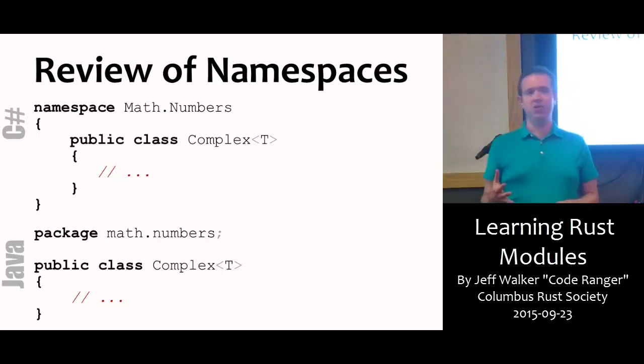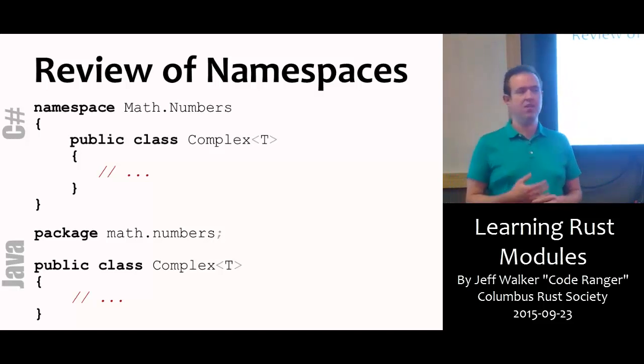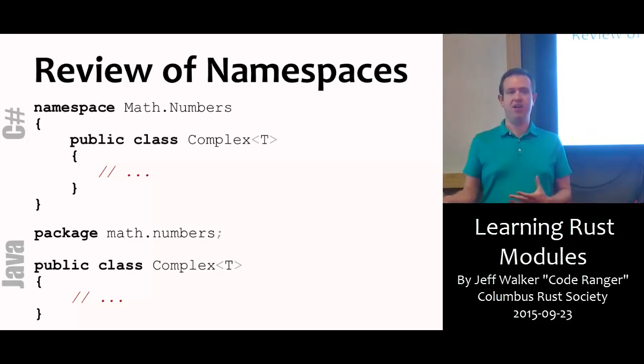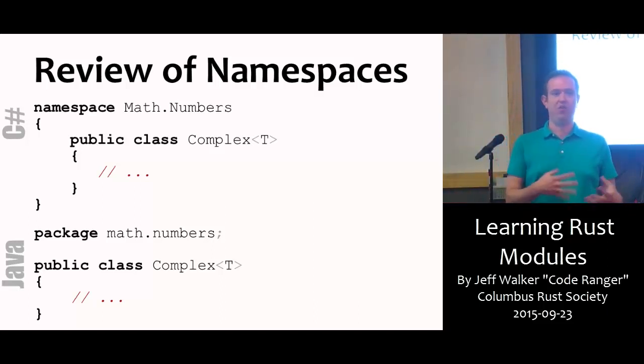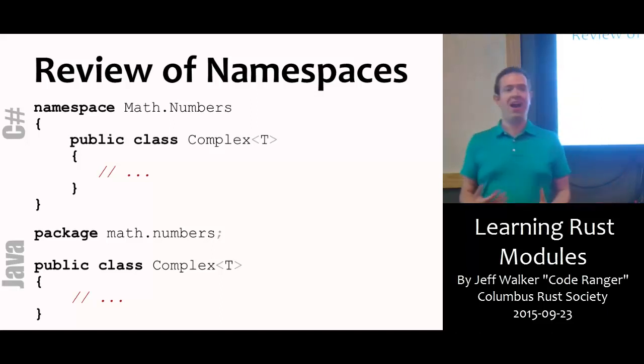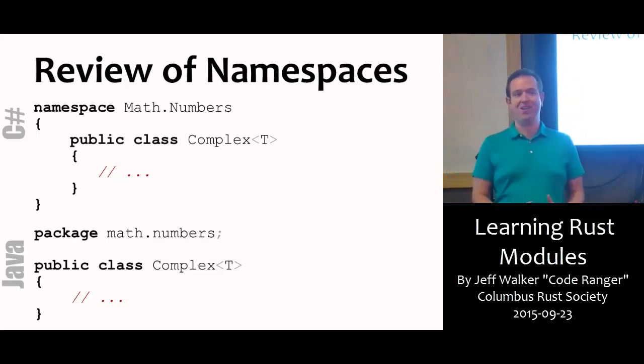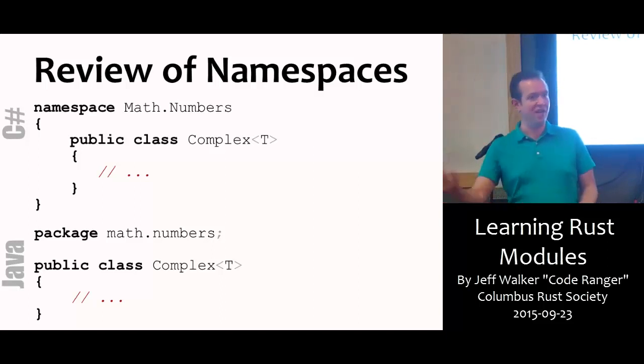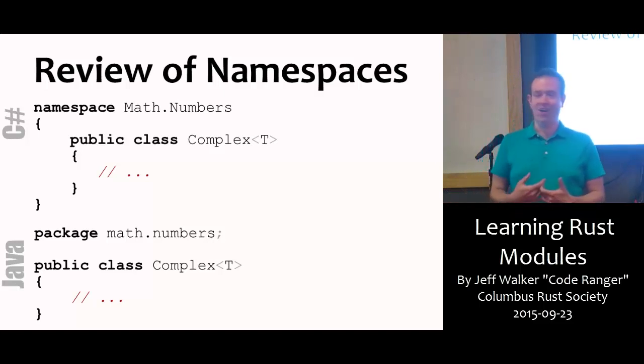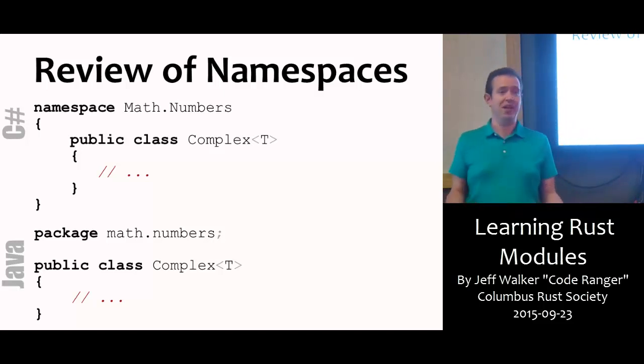In these two languages, a namespace doesn't really correspond to files. Typically, we organize our files around how we do our namespaces, but we don't have to do that, right? We could put the files anywhere in that directory with any set of namespaces that don't correspond to the directories. Now, some IDEs would not like that, but technically the compiler doesn't care.